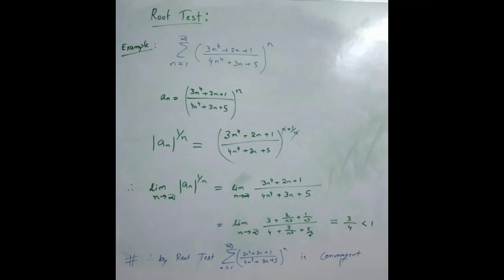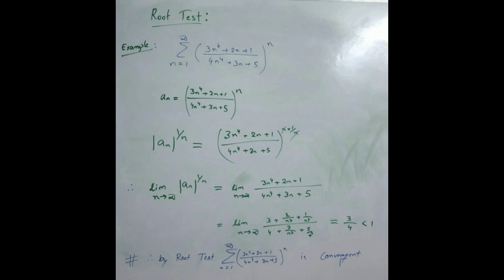Let's see an example now: (3n to the power 4 plus 2n plus 1) by (4n to the power 4 plus 3n plus 5), whole to the power n. Here we can see a power n, so the root test will be a good fit for this example. Suppose a_n equals the nth term.